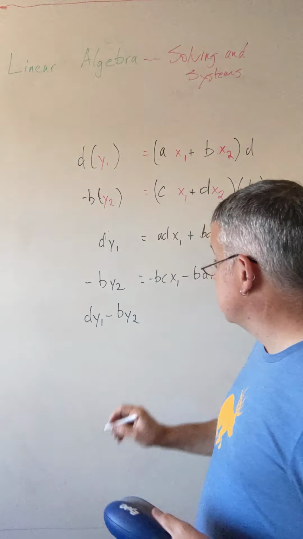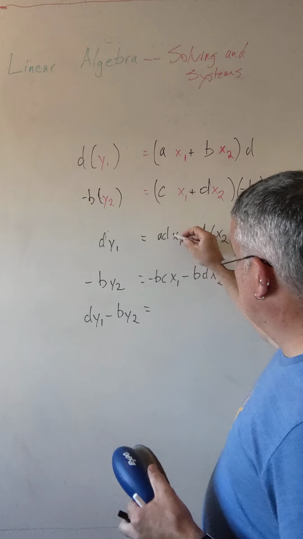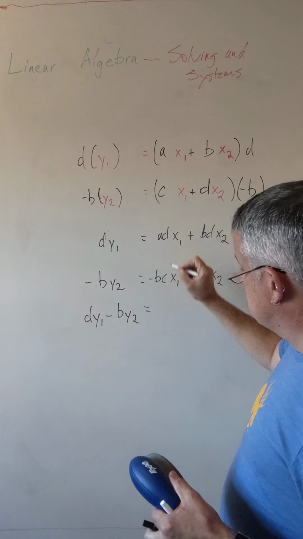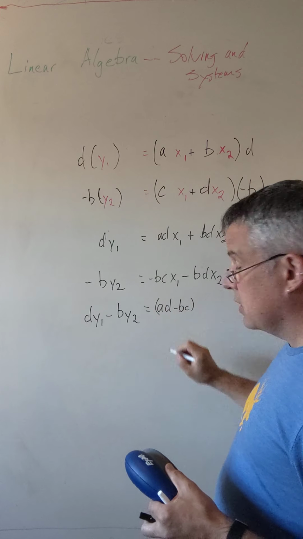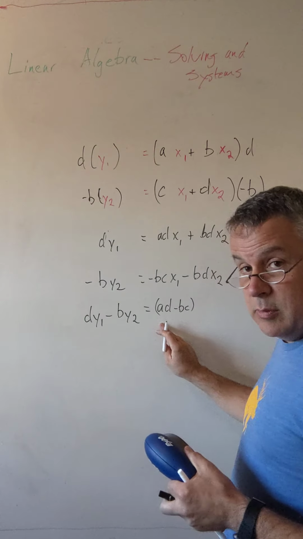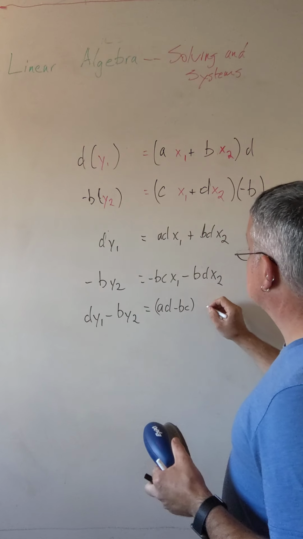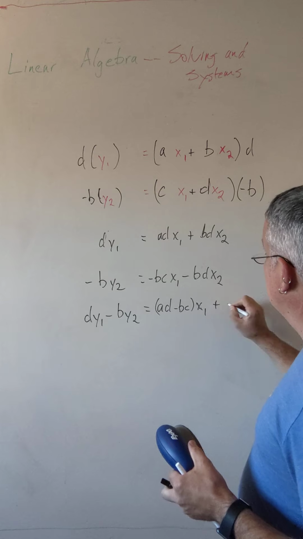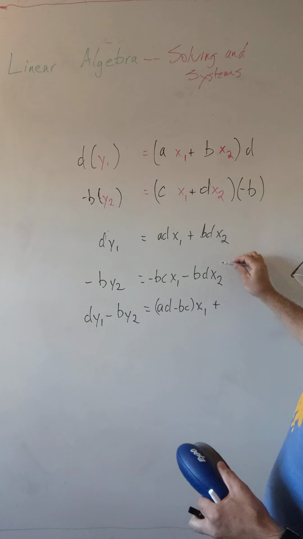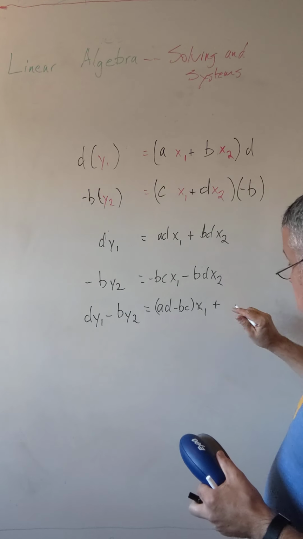No cancellation on that side. Do we get any cancellation on the x1s? No, we don't. We get AD minus BC. AD minus BC is something special, which we'll talk about in a second. It's called the determinant. And BD minus BD, x2, is 0.